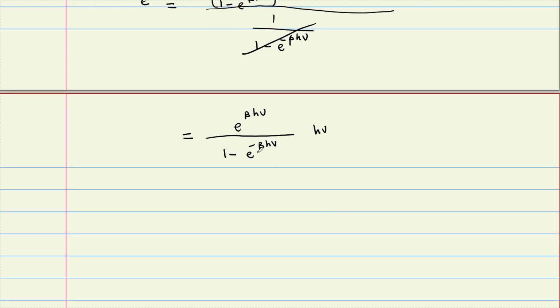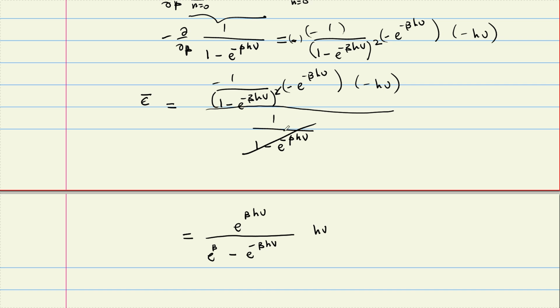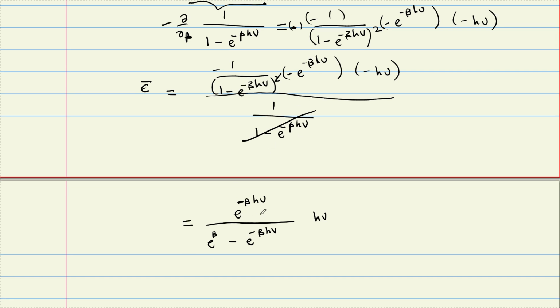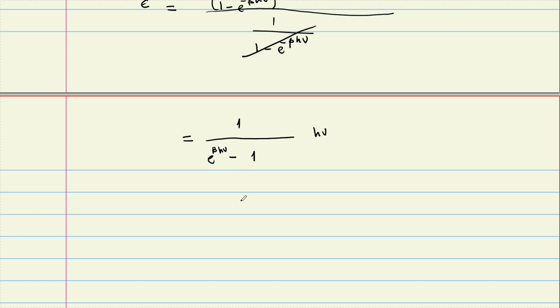If I multiply both numerator and denominator with e to the plus beta h nu, this one is going to be e to the beta h nu, this is going to be 1, this is going to be 1. Is that clear? And this is E bar.